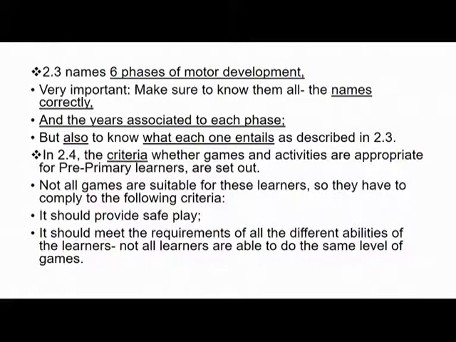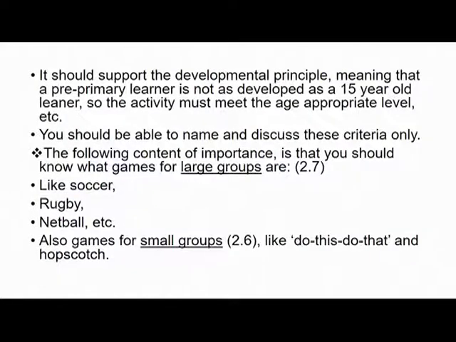Not all learners are able to do the same level of games. It should support the developmental principle, meaning that a pre-primary learner is not as developed as a 15-year-old learner. So the activity must meet the age-appropriate level, etc. You should be able to name and discuss these criteria only.